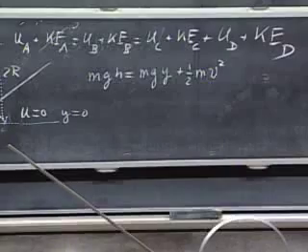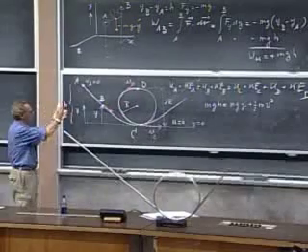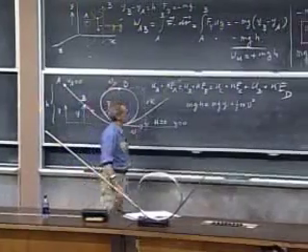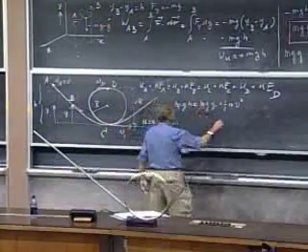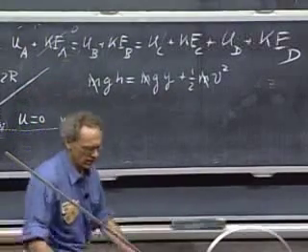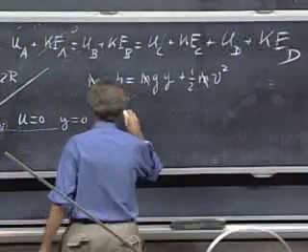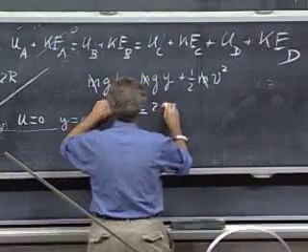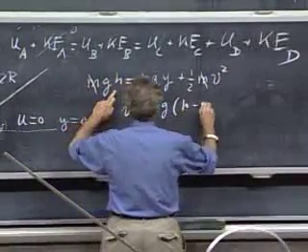What you see there should hold for every point that I have here. It should hold for A, for B, for C, for D, for any point. I lose my m. And so you find here, let me summarize it, that v squared equals 2g times (h minus y).